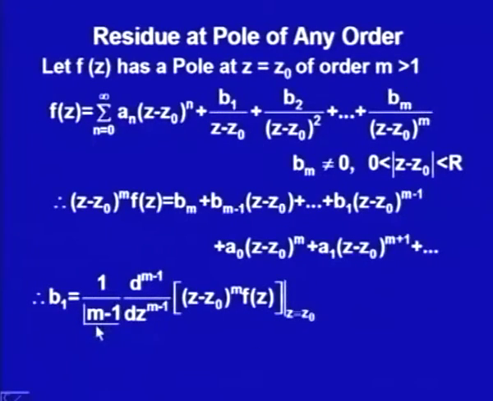So, it should be 1 upon (m-1) factorial, the (m-1)th derivative of the function (z - z0)^m times f(z), evaluated at z = z0. So, now what we have got? We have got a formula for the pole of order m, how to find out the residue. So, this is the residue of f(z) at z = z0. Let us use this formula for finding out the residue for some functions.